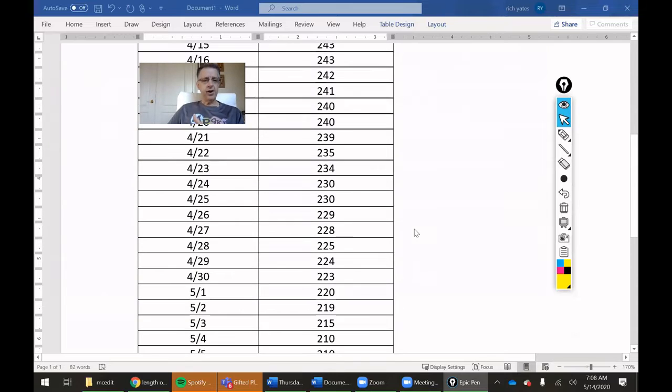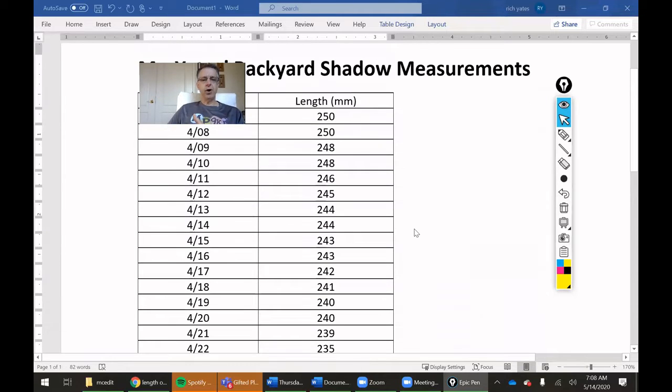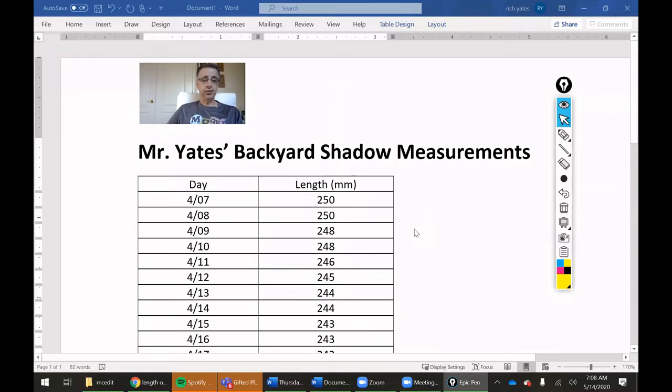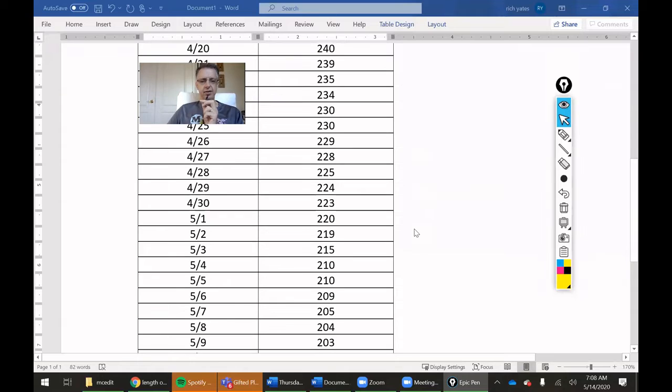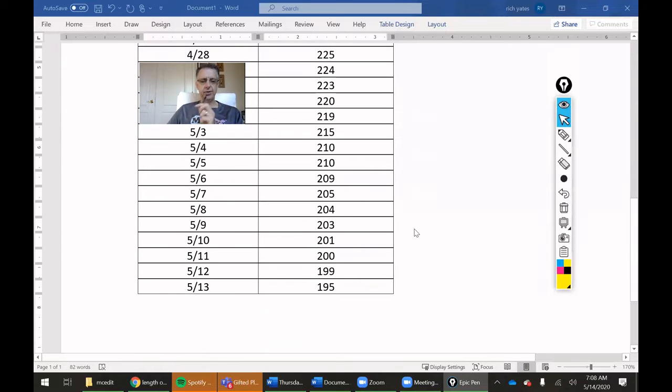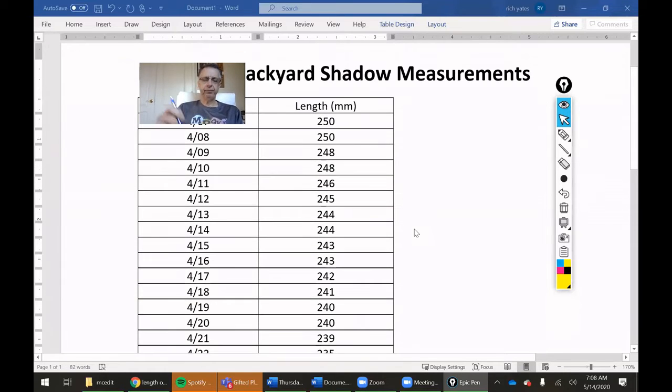I noticed a trend with mine, and I don't want to say that everyone's trend is going to be the same, but you probably are going to have the same trend that happened with me. What I've noticed with mine is that the shadow length is getting smaller.